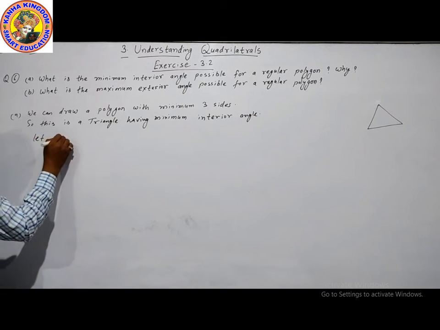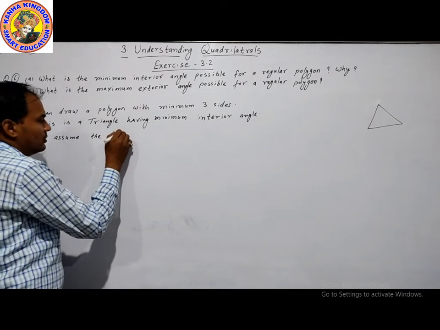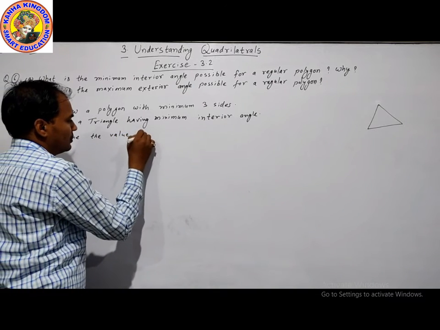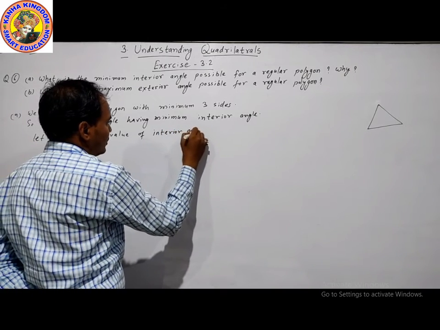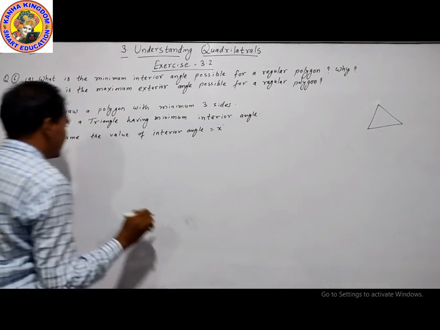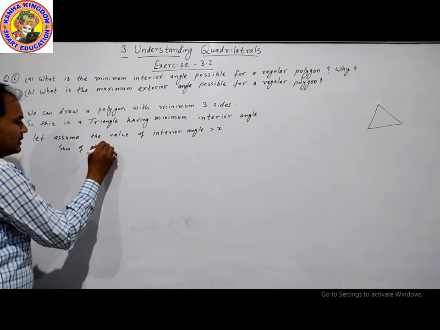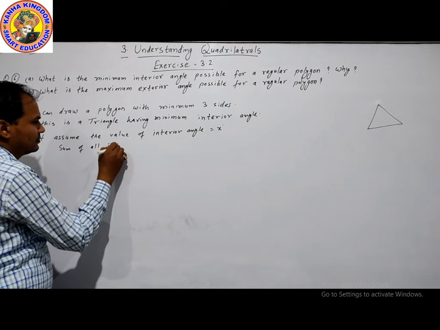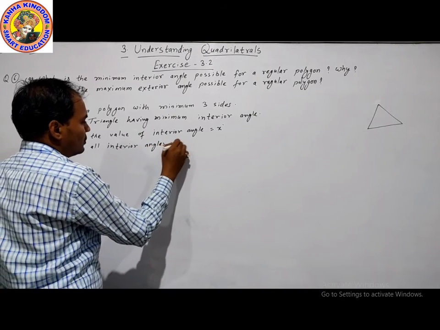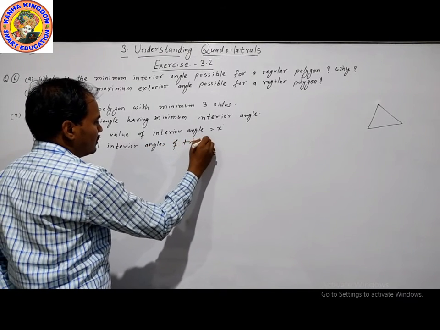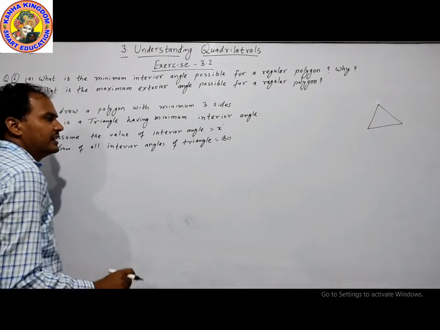Let's assume the value of the interior angle is x. The sum of all interior angles of a triangle is 180 degrees.